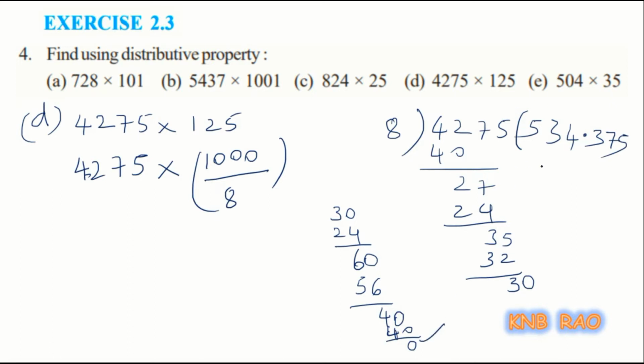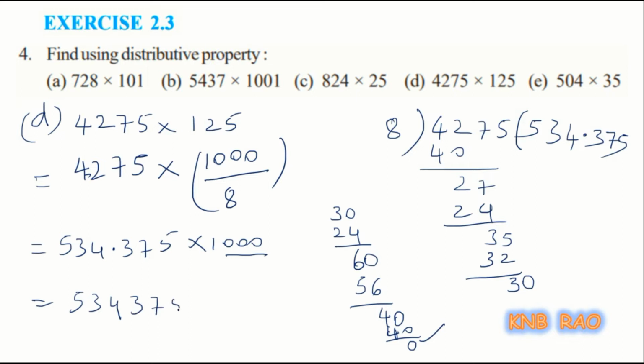So you can say 4275 divided by 8 is 534.375 multiplied by 1000. Now this multiplied by 1000 makes this point move away. So 5 3 4, this point comes here because 3 zeros are there, so it becomes 375.